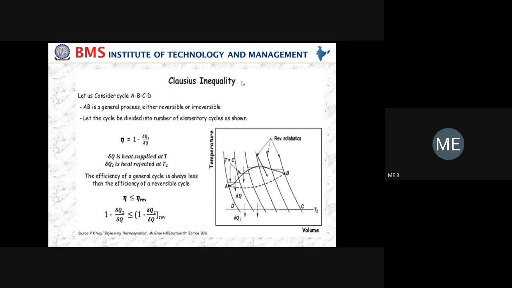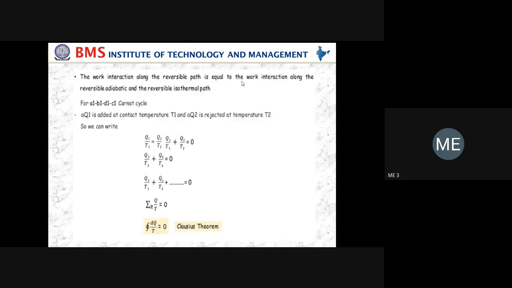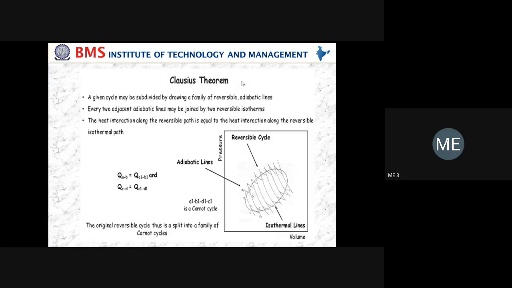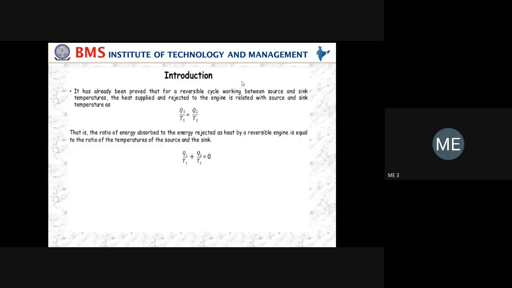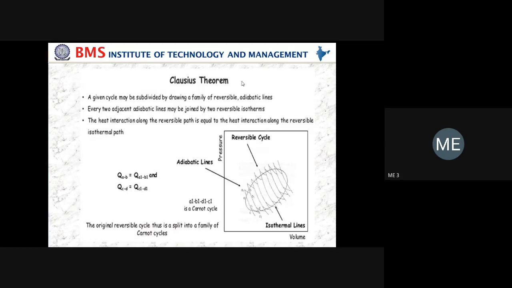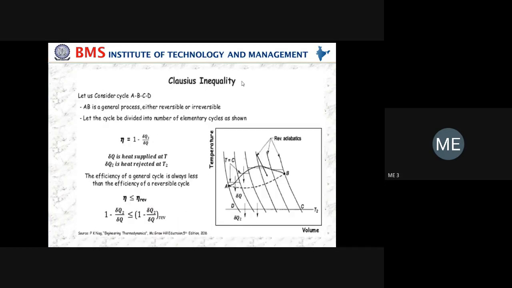There are three cases. Clausius theorem just tells that the cyclic integral of dQ by T is zero only for a reversible process. It does not tell about the other processes. In Clausius inequality we are going to prove three cases. You remember there are three cases.